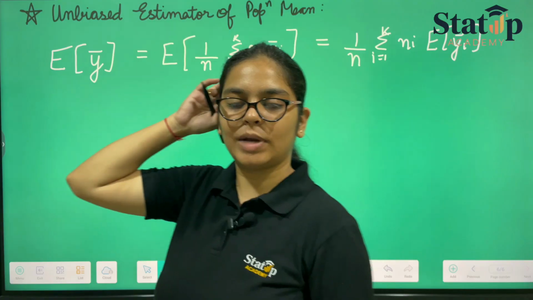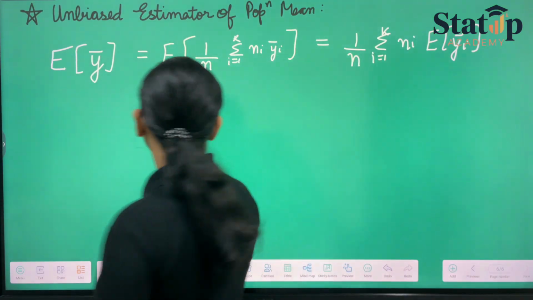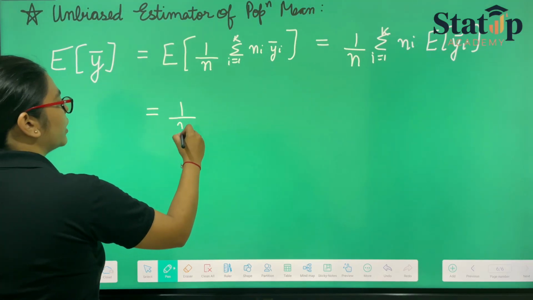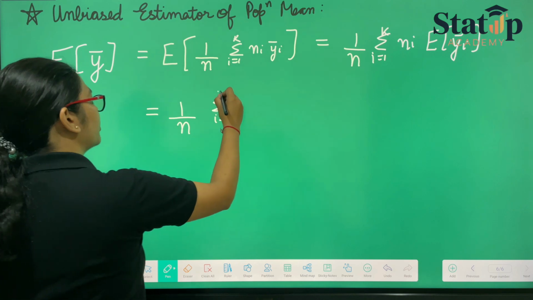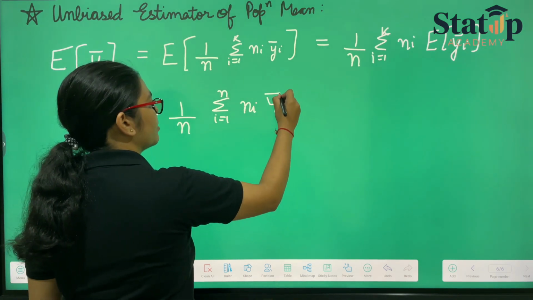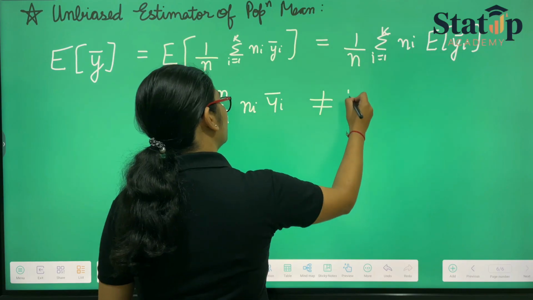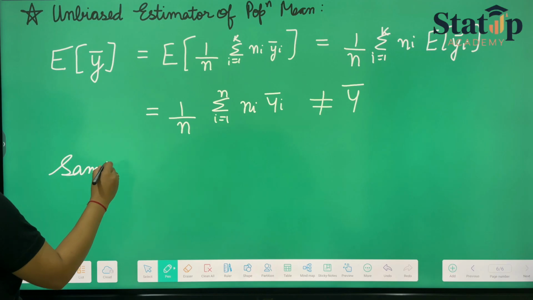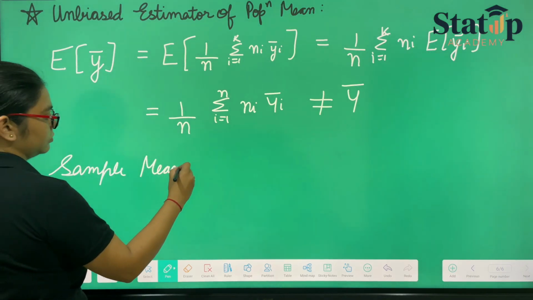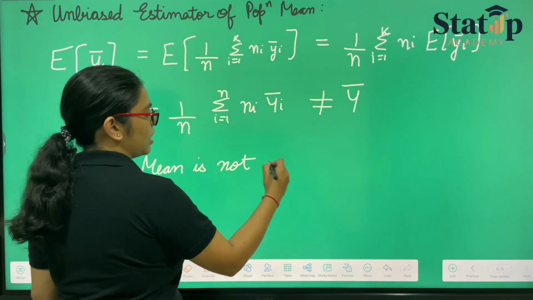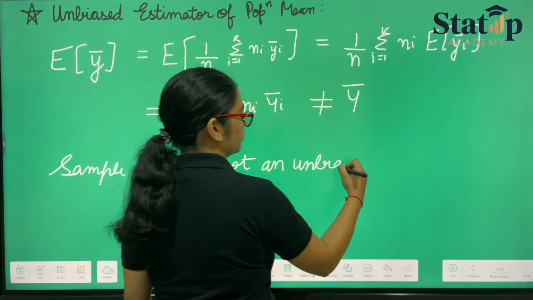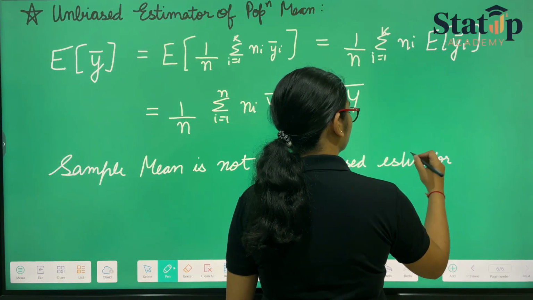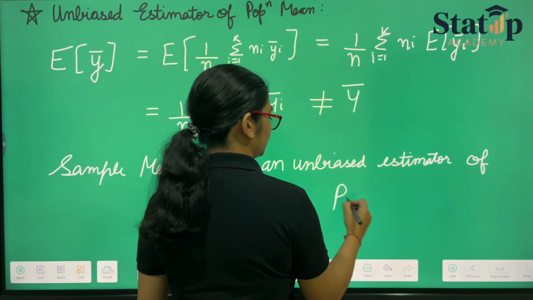Now expectation of yi bar in simple random sampling without replacement is nothing but capital Y bar I. So 1 upon n summation i goes from 1 to k ni capital Y bar I, which is not equal to the population mean, and hence we can say this sample mean is not an unbiased estimator of the population mean.